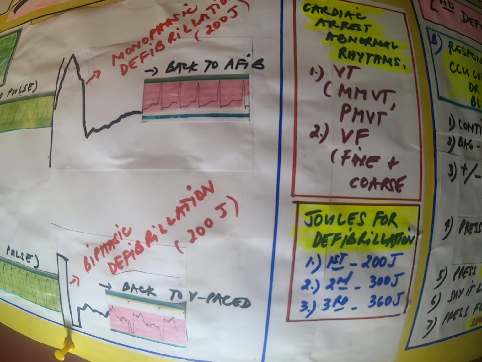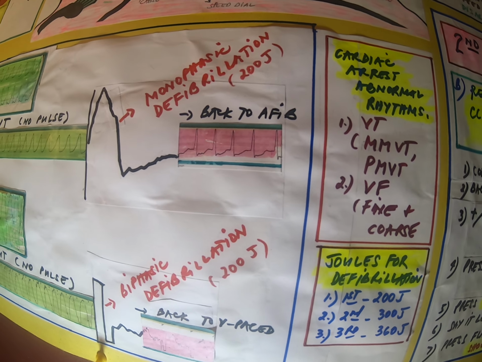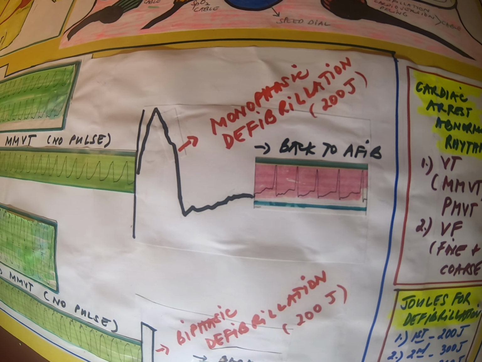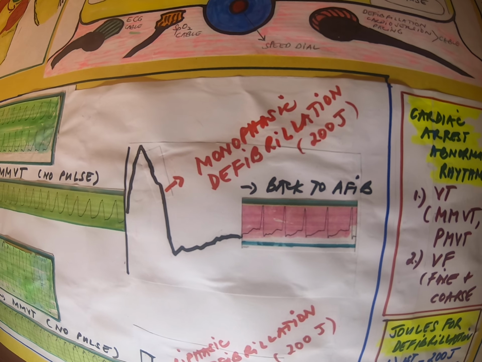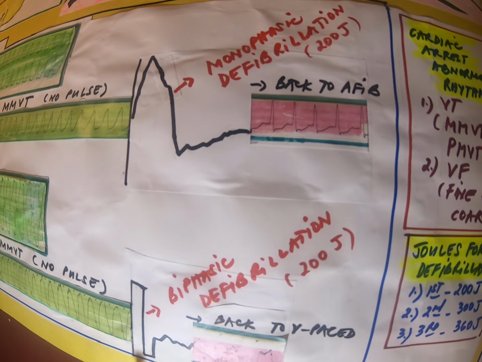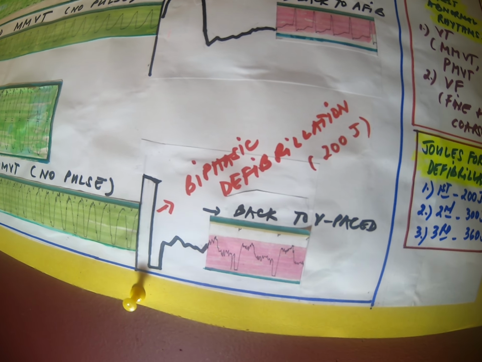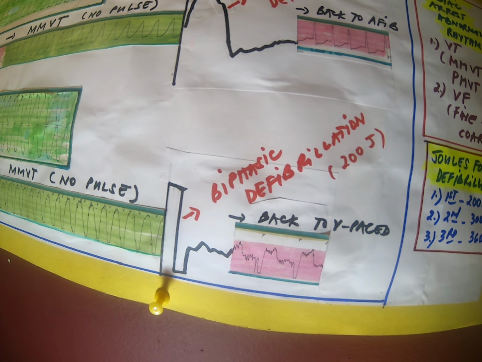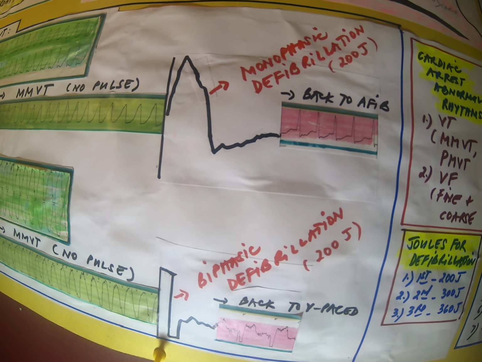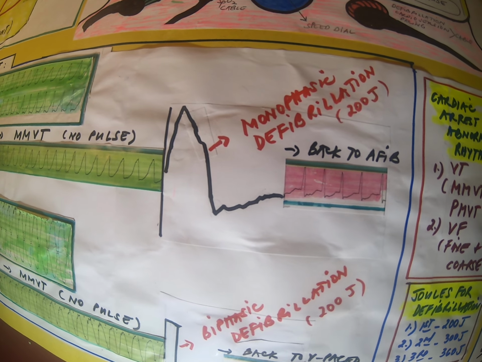There are two types of defibrillation. We have the monophasic defibrillators, and there's also the biphasic. But nowadays, we are using biphasic defibrillators. But anyway, we'll just have to see the difference between these two.